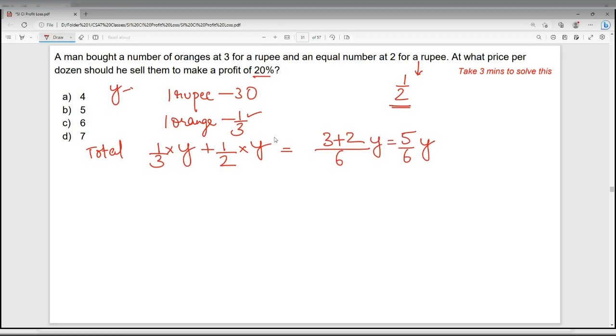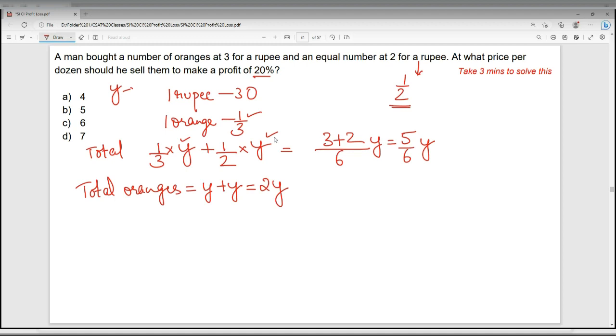And to find out, on a combined basis, how much it has cost him for 1 orange: the total cost is 5/6y, and the total number of oranges that he has bought is y plus y. So he has bought y oranges at 1/3 rupee and another y oranges at 1/2, that is 0.5 rupees. The total oranges is 2y.